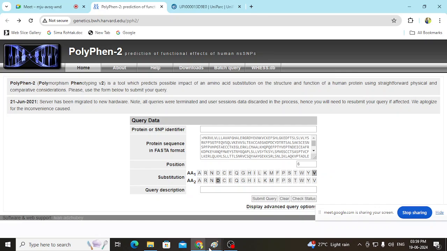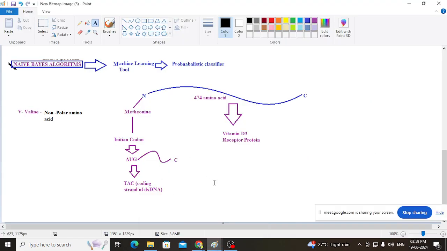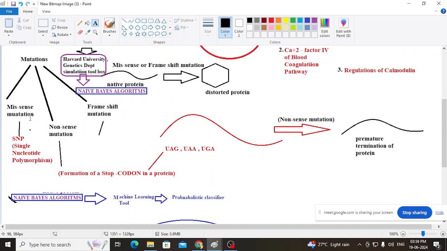Here you see, we told you that in missense mutation there is a single nucleotide polymorphism which leads to an altered structure of the protein. This altered structure may be very distorted, or it may be a limited distortion. It may enhance the binding of the protein, or it can also reduce the binding.